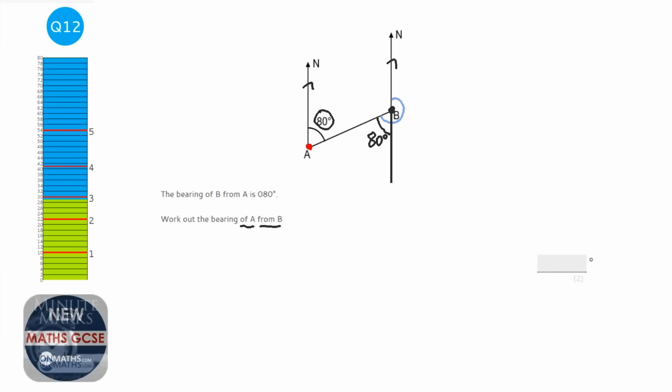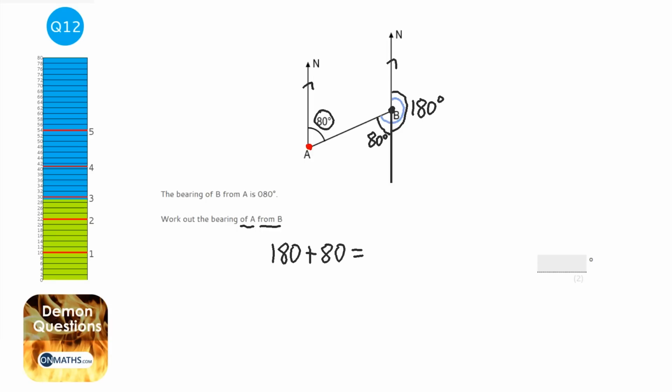So that's also going to be 80. We know this one is a straight line, so we know this is going to be 180 degrees. So all we need to do to work out the bearing is do 180 plus 80. And when you add them together, you get 260. So the bearing is going to be 260.